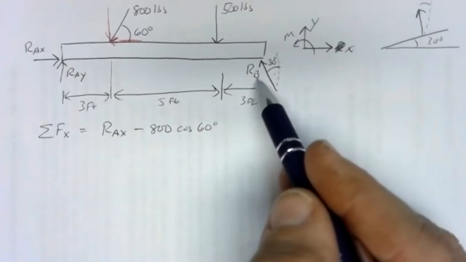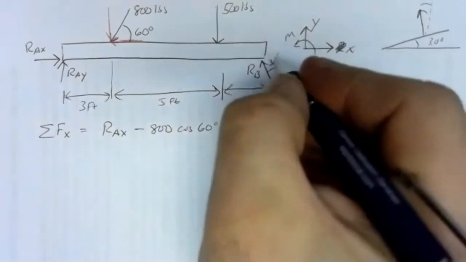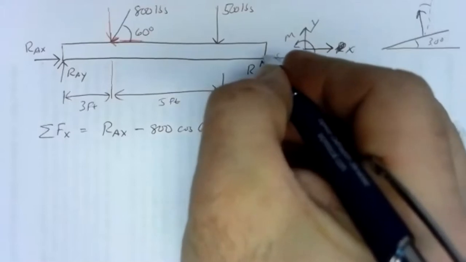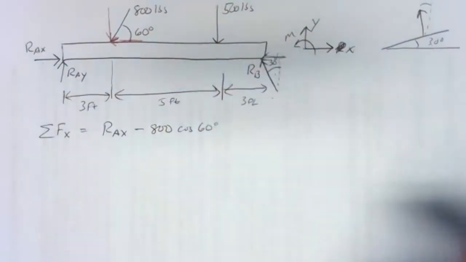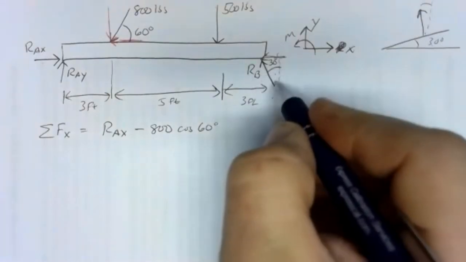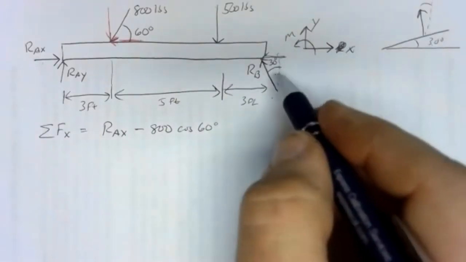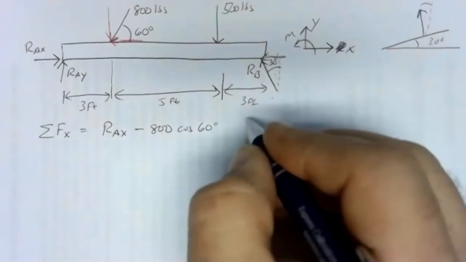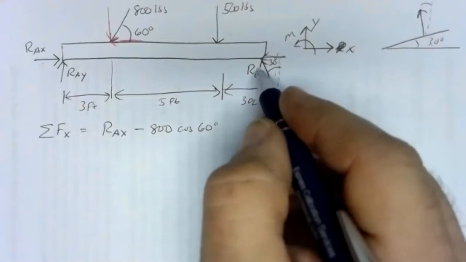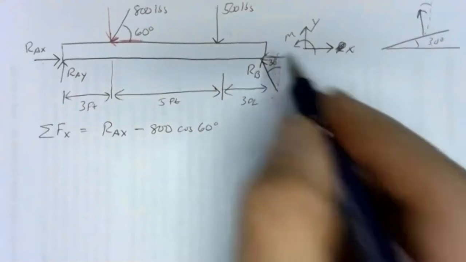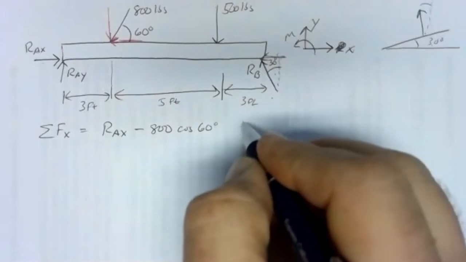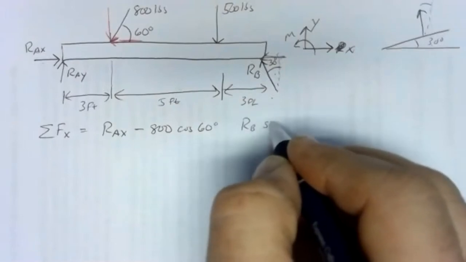If I knew a number for RB, I'd be just looking for this opposite side. That opposite side would be my x component of RB. It's opposite the 30-degree angle, so opposite goes with sine, so it's sine of 30 degrees. The magnitude here is RB sine 30.